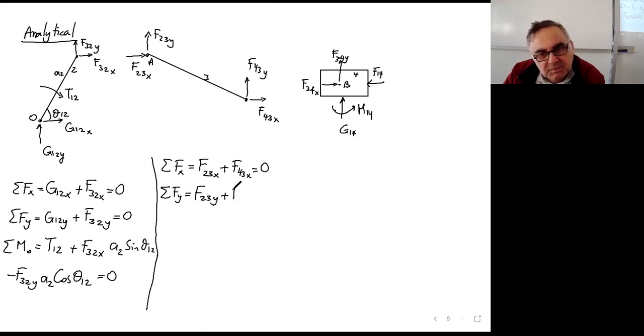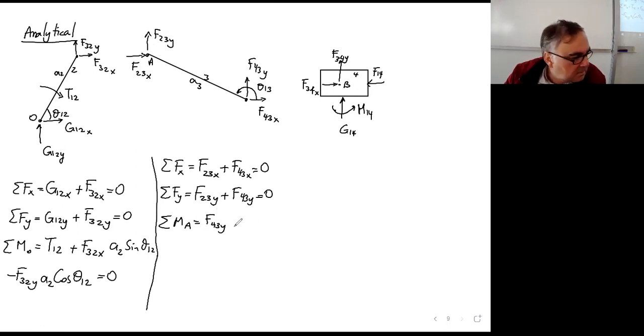F3y. And then we have to take a moment. Let's take a moment about point A, in which case this has a length of A3. This is theta 1, 2. F43y A3 cosine.